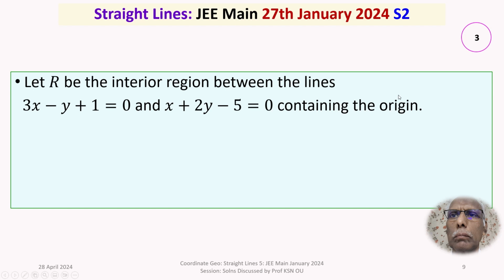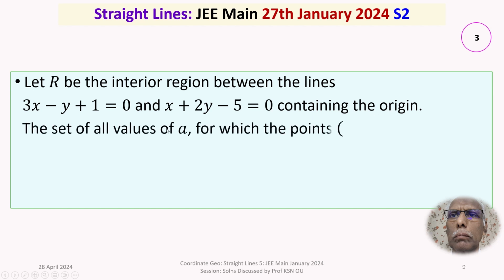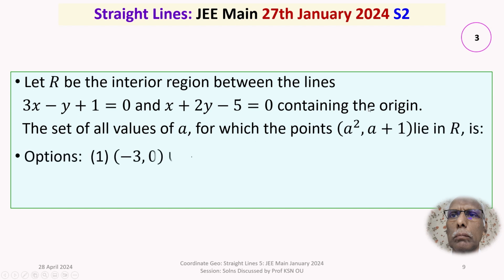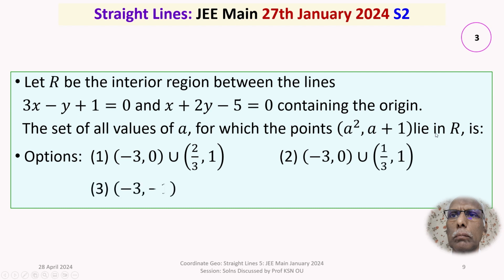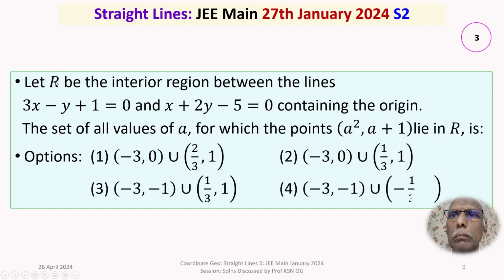This is very important here. Now, the set of all values of A for which the points, the ordered pairs a square comma a plus 1 lie in the region R is, we are given 4 options.